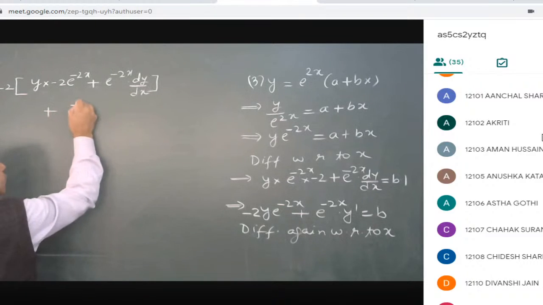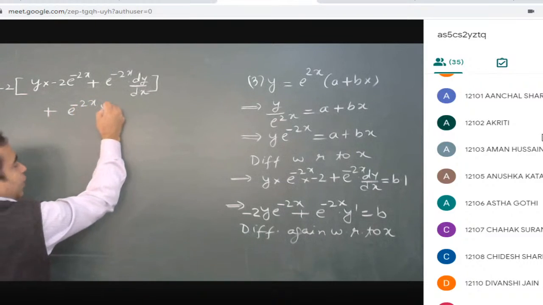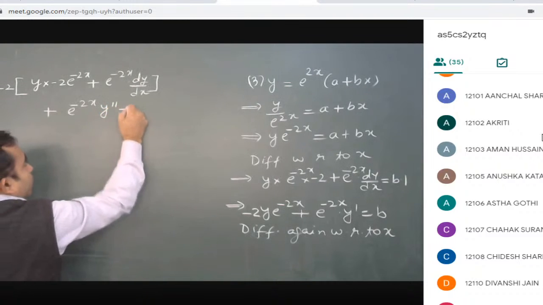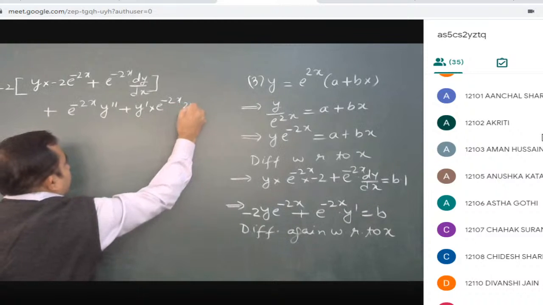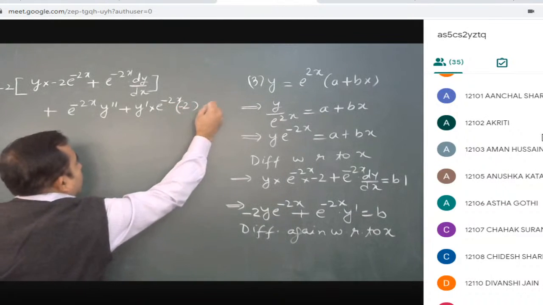So e to power minus 2x as it is, y double dash it will become plus y dash into e to power minus 2x into minus 2 equals to 0.